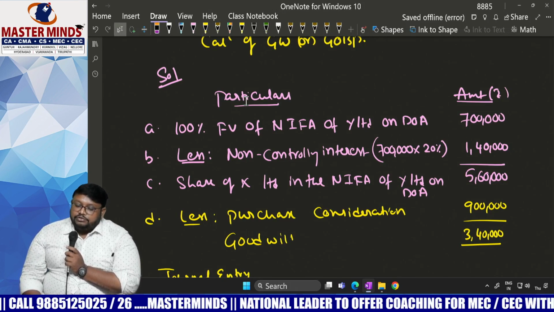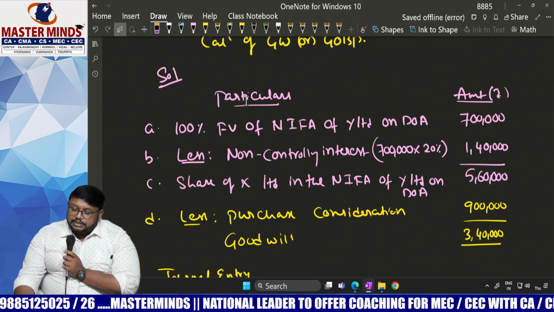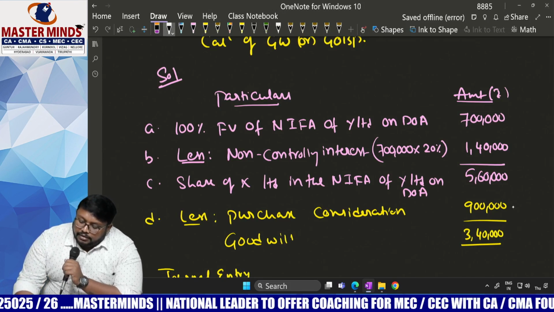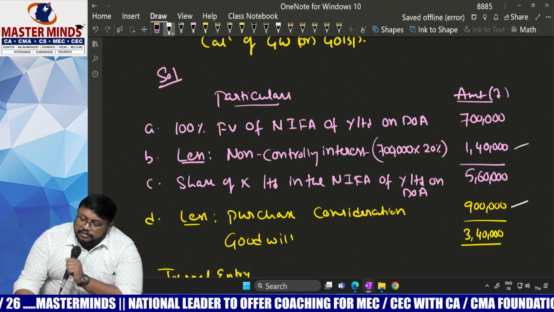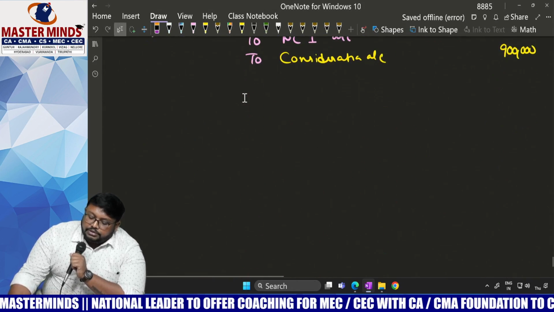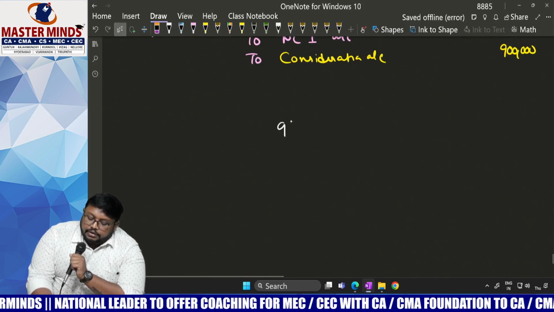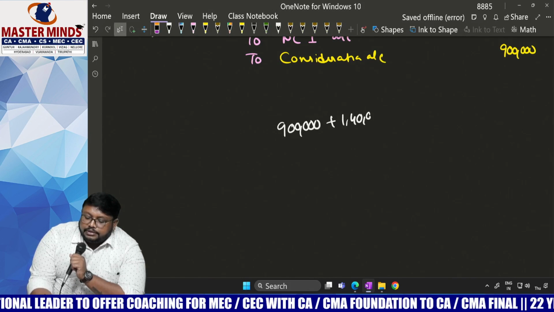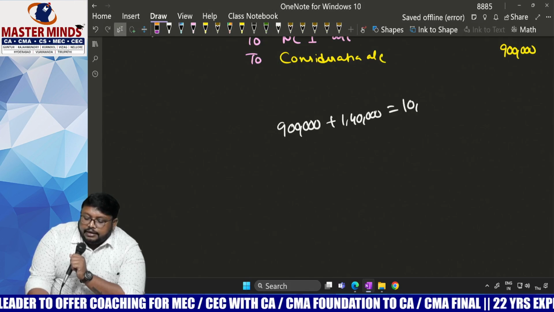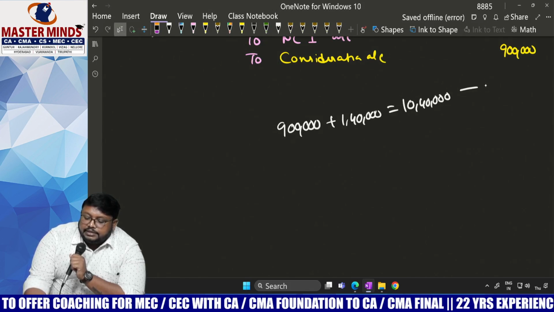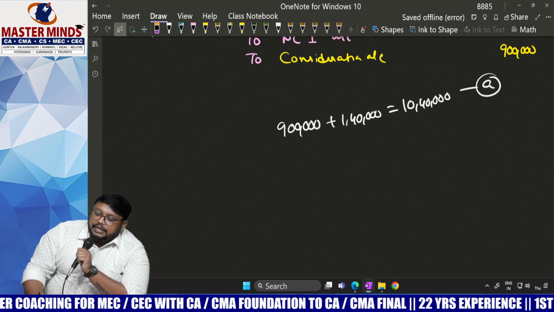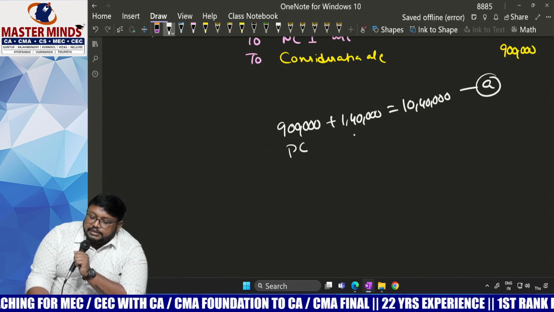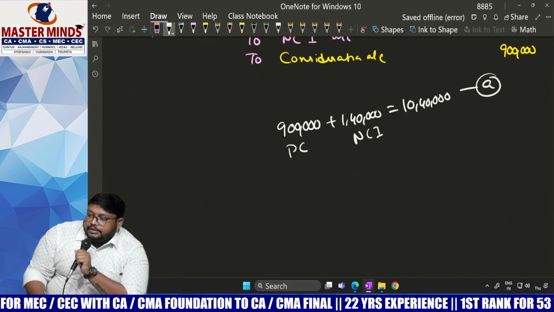So you have to aggregate two aspects: purchase consideration, 9 lakhs, and non-controlling interest, 1,40,000. That is 10 lakhs 40,000, considered as A. A is the aggregation of purchase consideration and non-controlling interest.